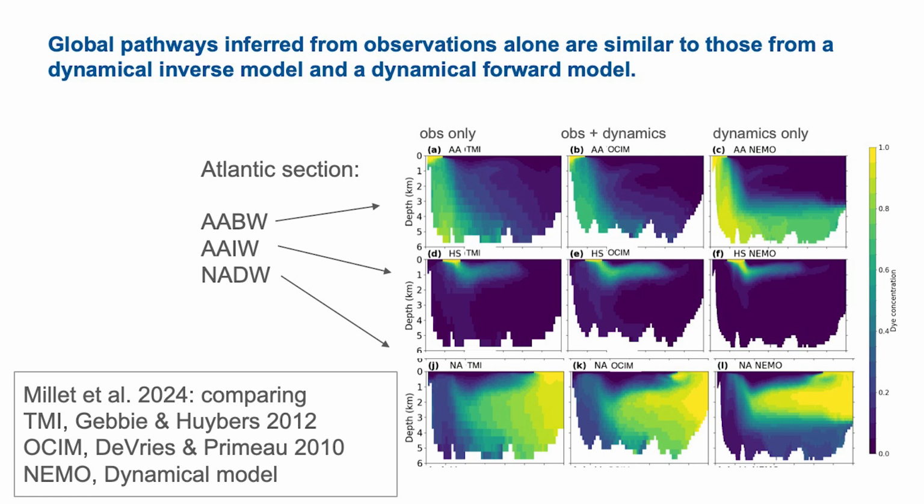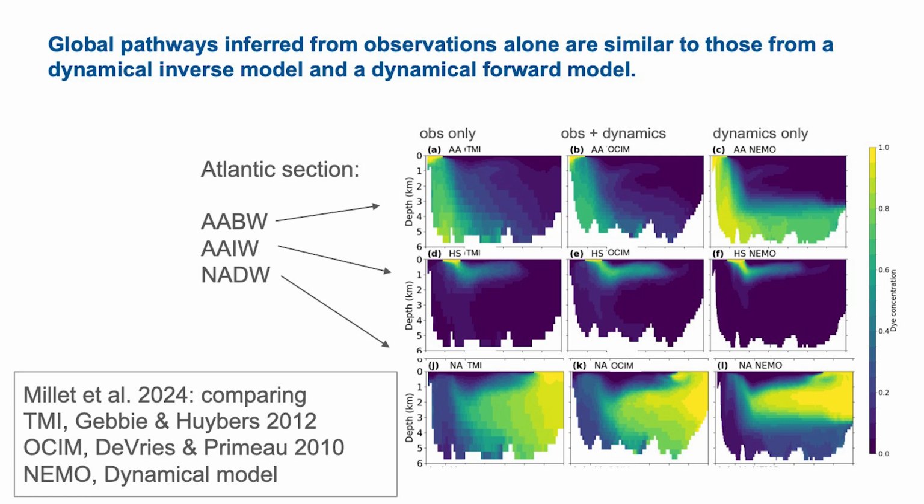And so to convince you, not necessarily that it works, but that it gives the same answers as using either a dynamical model or using an inverse method, in this case from De Vries and Primeau, that includes observations and dynamics, I've plotted this for you. So these are different sections, in this case, the Atlantic Ocean. It's similar to the heat diagram I showed you before, but in this case, the green colors are showing high concentrations of water.